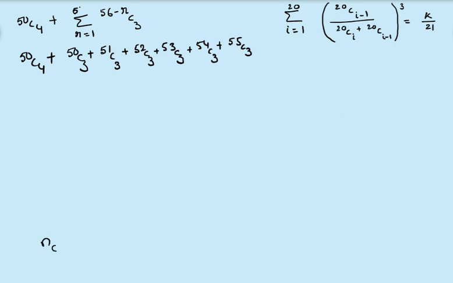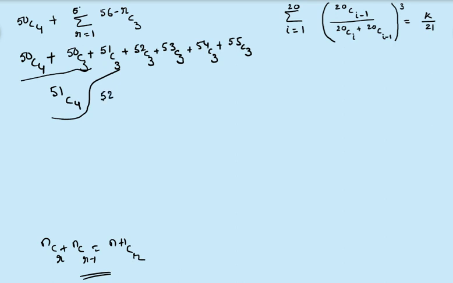Now, according to the formula NCR plus NCR minus 1, we can write N plus 1 CR, or not? Again observe here, NCR plus NCR minus 1, we can write N plus 1 CR.